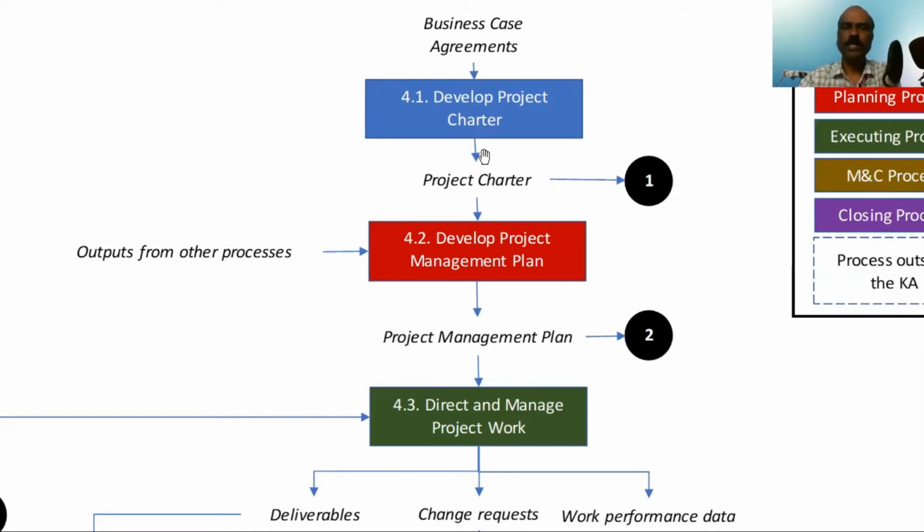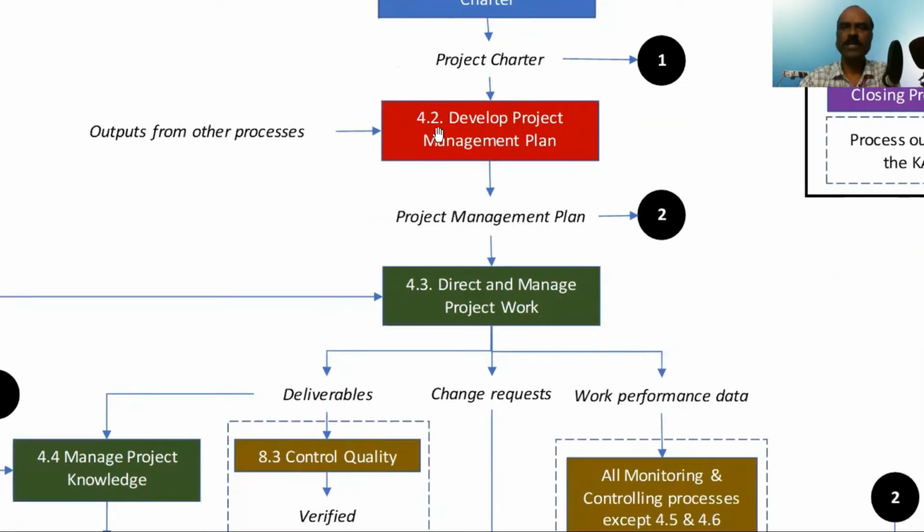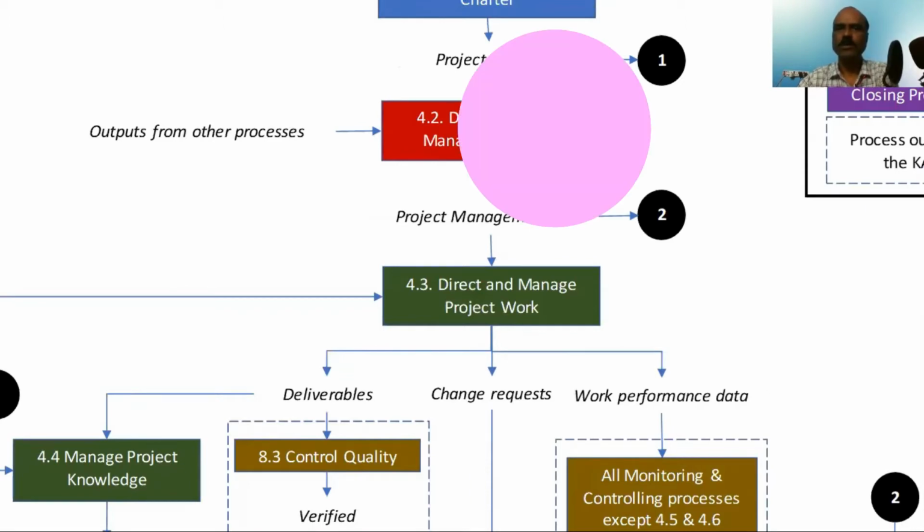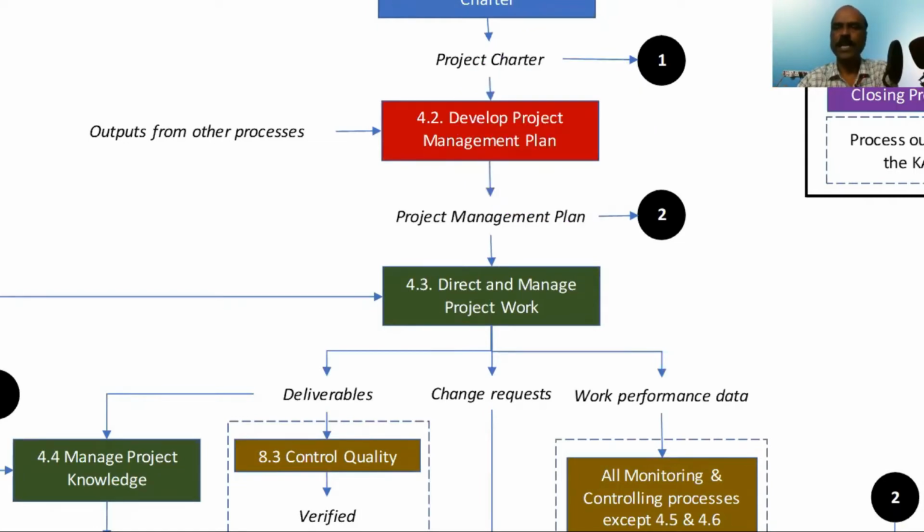Now, once project charter is ready, that goes as an input to the second process. So what is the second process? Develop project management plan. So yesterday we saw project management plan, which is mainly containing the subsidiary plans and the baselines. It basically tells you how to do the project, how to manage the project.